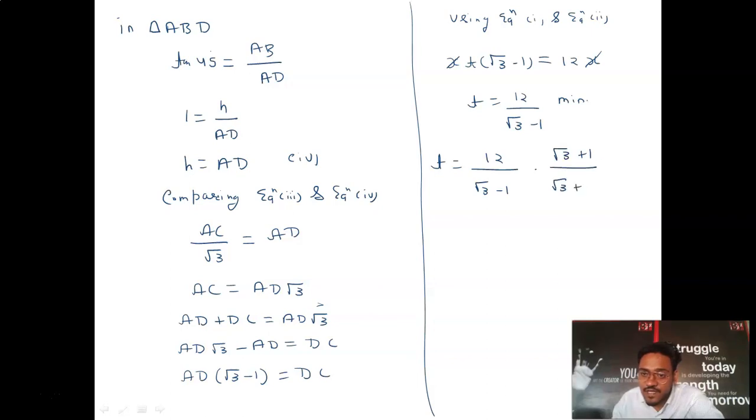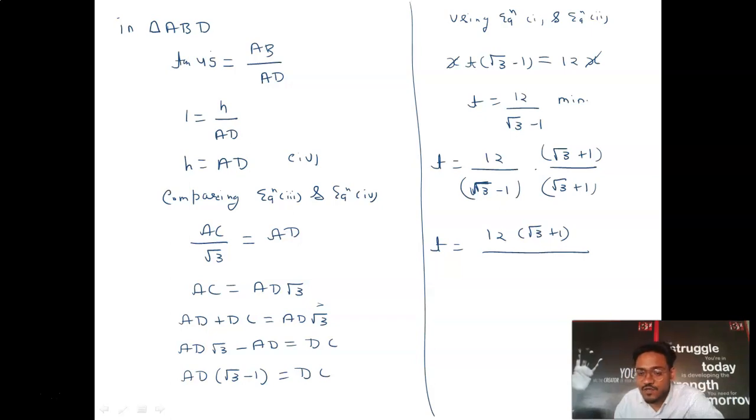Let me multiply the fraction 12 upon root 3 minus 1 by root 3 plus 1 over root 3 plus 1. So the numerator will become 12 times root 3 plus 1, and in the denominator you can observe it is a minus b into a plus b, so it will be a square minus b square.